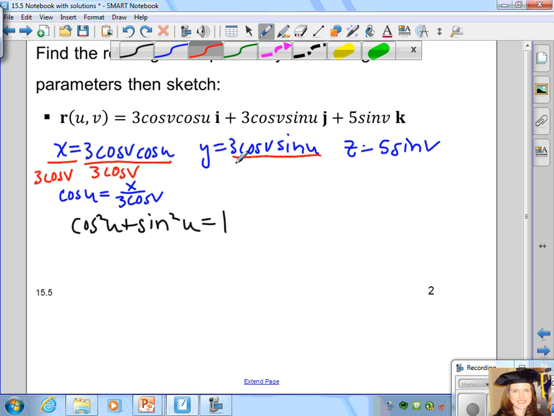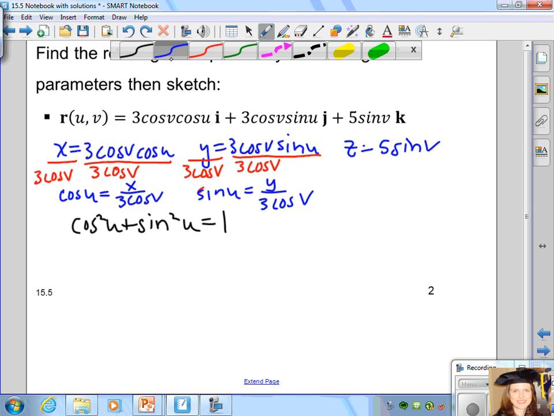Divide the second equation by 3 cosine v to get the equation for sine u equals y divided by 3 cosine v. Now we can substitute both of those into the identity cosine squared u plus sine squared u equals 1, and we can eliminate that parameter u.